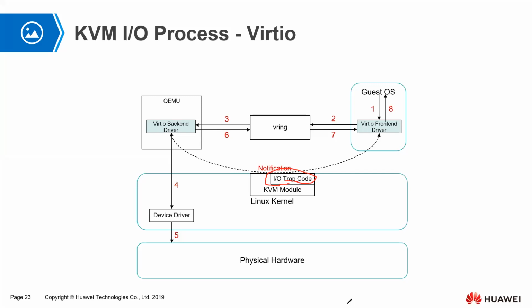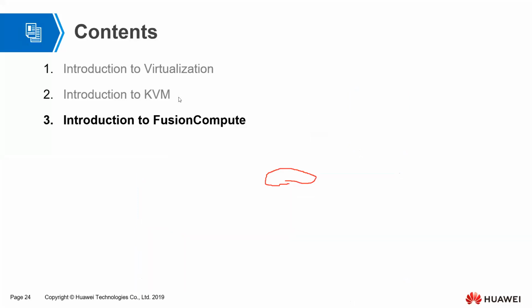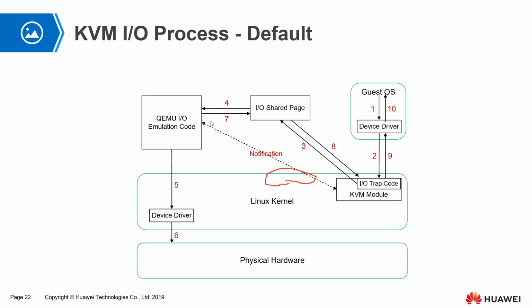First go back, sorry to take you behind a bit, to the other diagram. When an input is put, as it reaches the IO trap code, you say that the KVM module sends a notification to the emulation code.